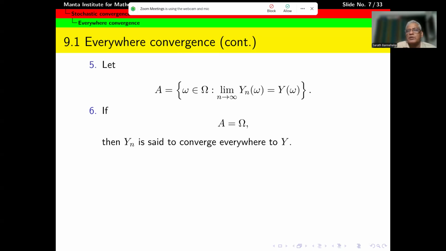So therefore, requiring this condition to be satisfied for each and every omega in the sample space is too strict, right?